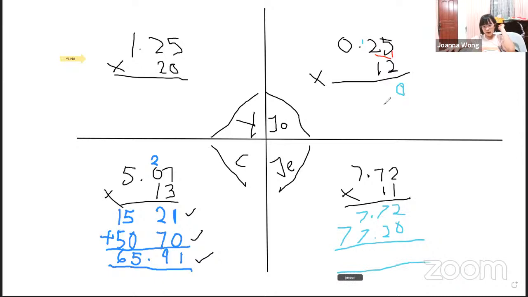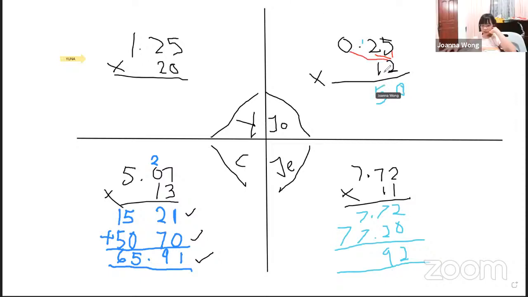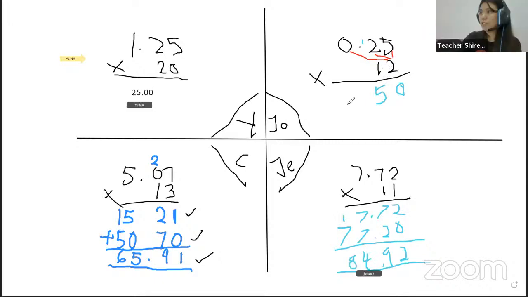Last one, 5. Please write down here. Now 2 and 0. 2, 0, 0. Good, done. You just remember 2. What you did is 0.25 times 2. No, that's not the question. The question is times 12. Understand?